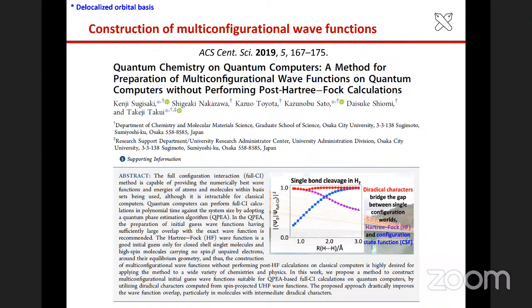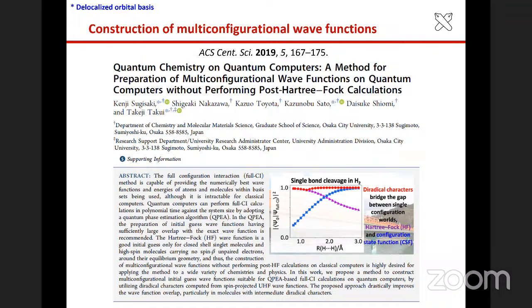In contrast, the configuration function, which is an eigenfunction I talked about before, is a good approximation for the bond dissociation limit, but the approximation becomes worse close to the equilibrium geometry.